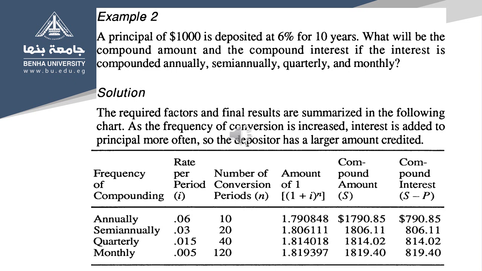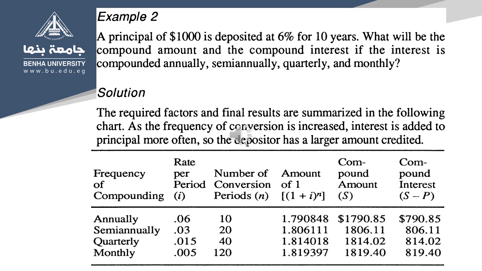And the number of conversion periods n, 10 years must be multiplied by 12. 10 by 12 equal 120. You also calculate your amount of 1 plus i to the power n, and calculate your sum S equal P multiplied by 1 plus i to the power n, and also you can calculate your compound interest, S minus P, the sum minus the principal.